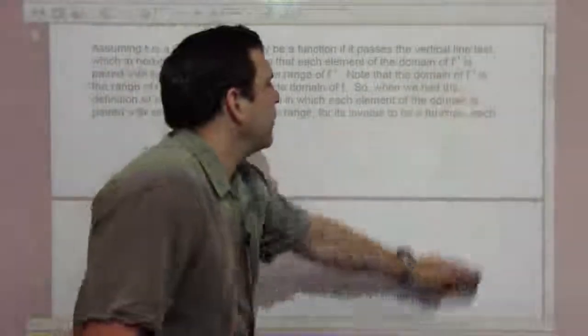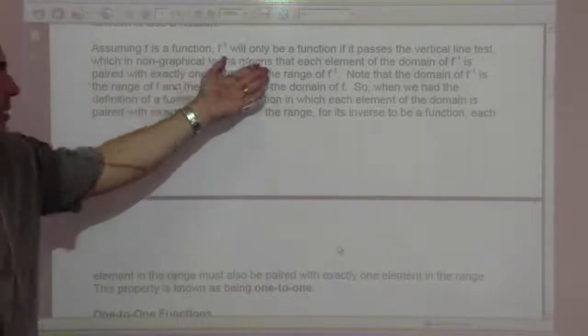Note that the domain of f inverse is the range of f, and the range of f inverse is the domain of f.